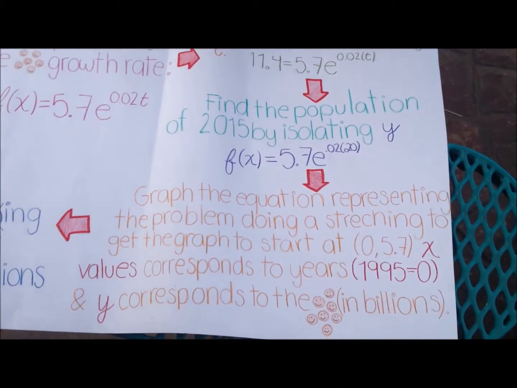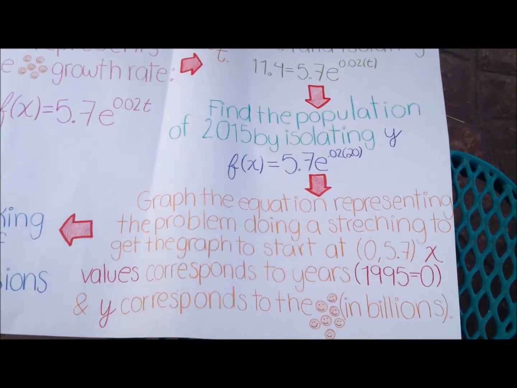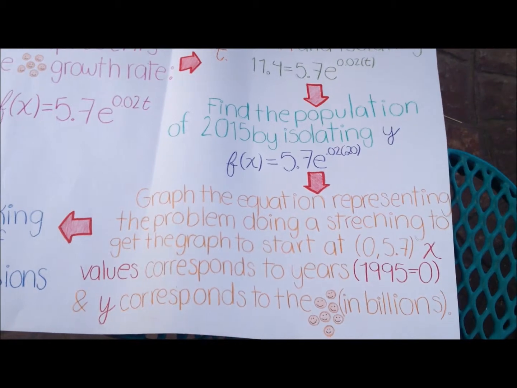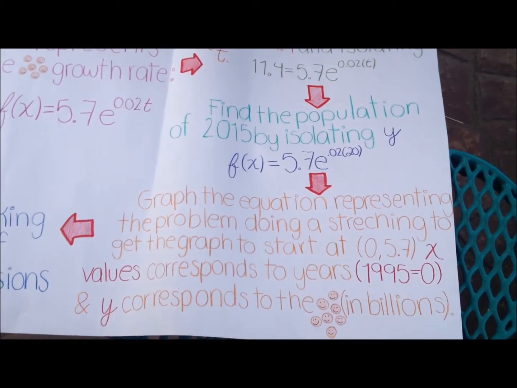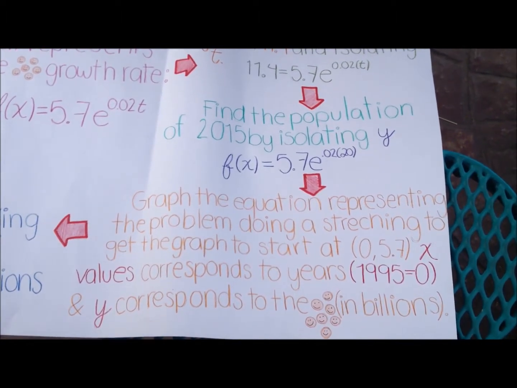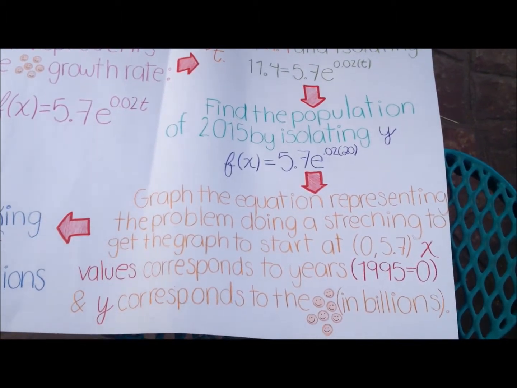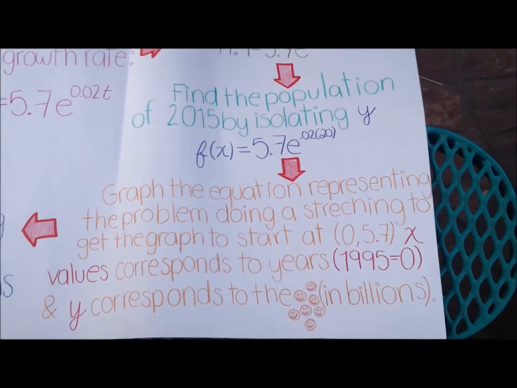Then we will graph the equation representing our problem by doing a stretching to get our graph to start at the coordinate (0, 5.7). The x values correspond to the years, in which 1995 represents our 0, and y corresponds to the population in billions.